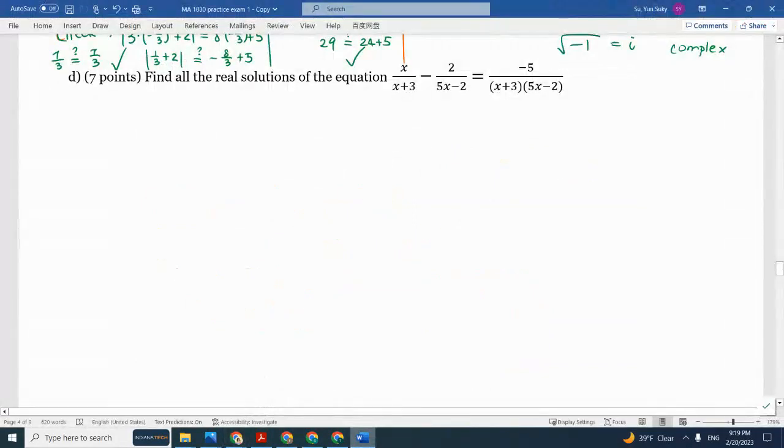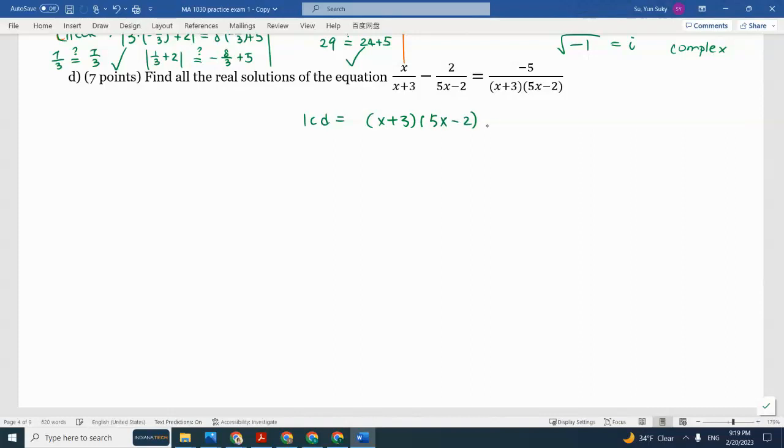In this problem, it's already factored, so the least common denominator is x plus 3 and 5x minus 2. Set each not equal to 0, so we get x plus 3 not equal to 0 and 5x minus 2 not equal to 0.